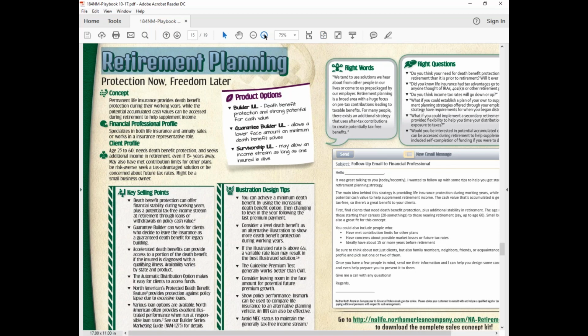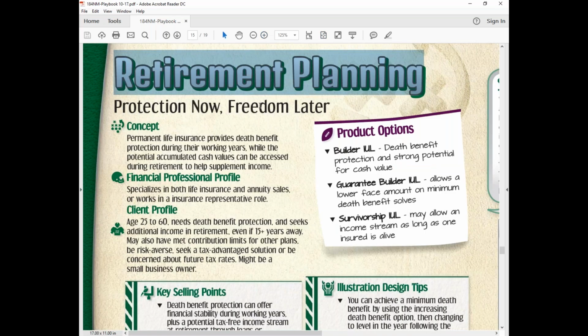First off, let's go through this top section here. As you can see, we have it set up just like the playbook of a football game, our football playbook. First off, we have the concept. With all of these sales concepts in here, the first thing that we talk about is the concept, what we're trying to accomplish with life insurance for your clients, what the goal is for this specific concept.